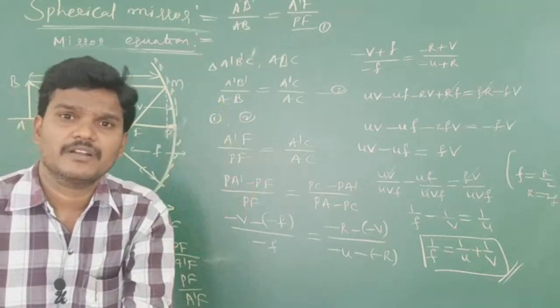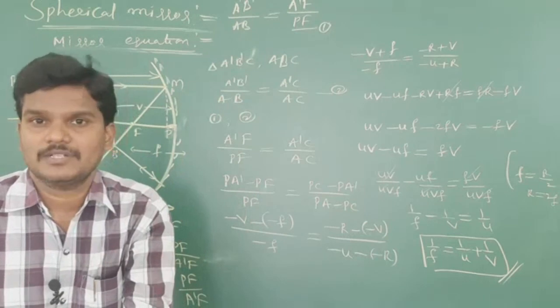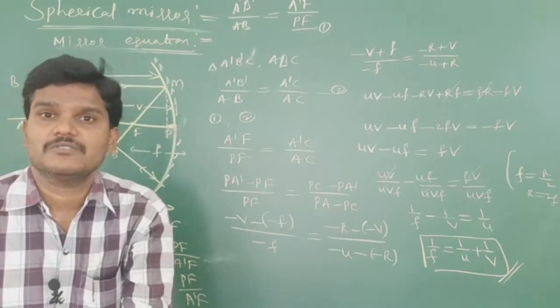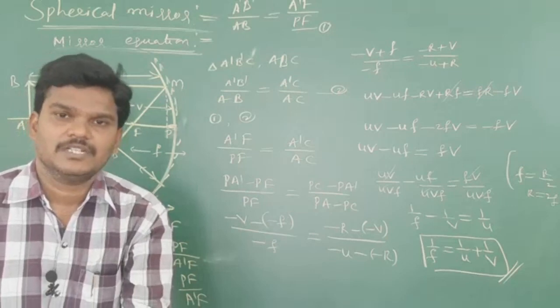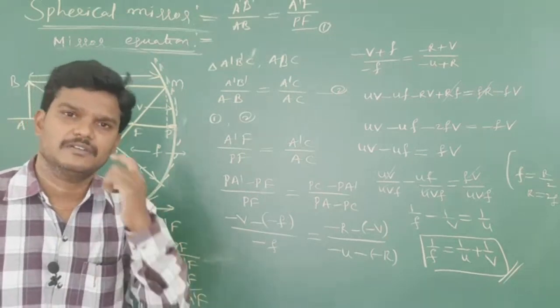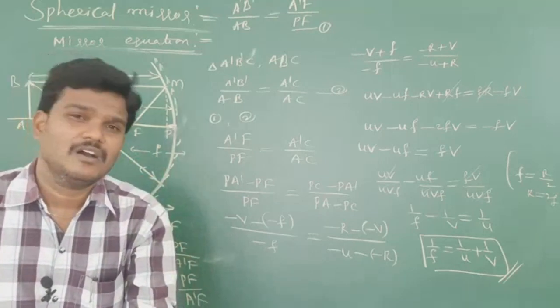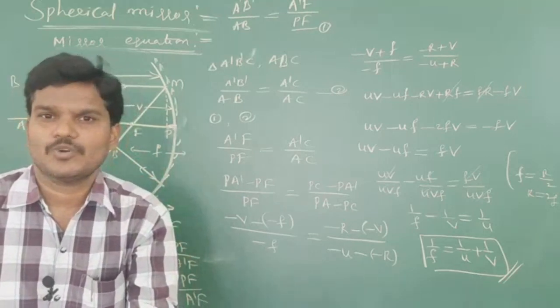That formula is based on magnification. Generally, for a plane mirror, magnification is equal to 1. Why? Because the distance of object and distance of image are the same. Magnification is the ratio of distance of image to distance of object, or height of image to height of object.